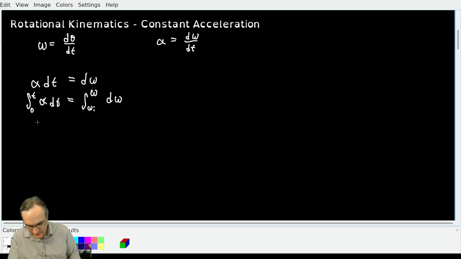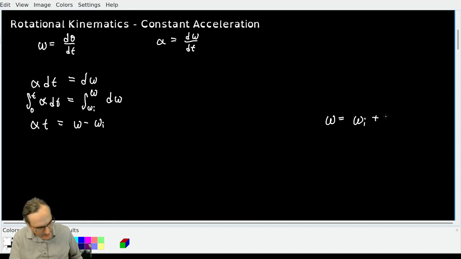Then you're going to get alpha times t equals omega minus omega initial. So we get kinematic equation number 1. Omega is equal to omega initial plus alpha times t.